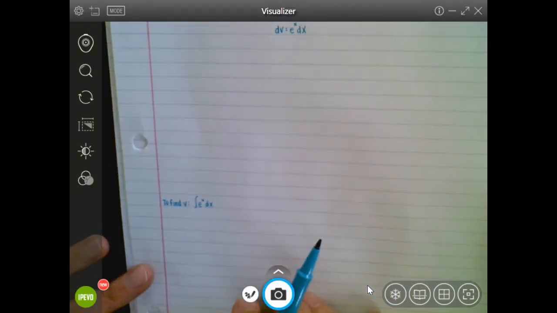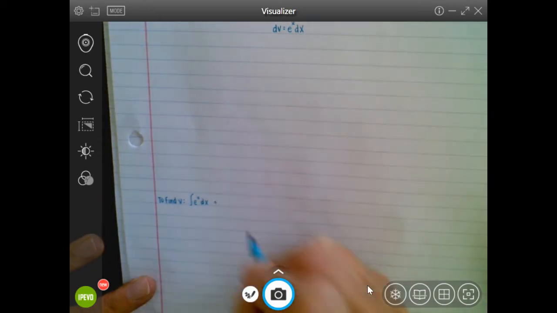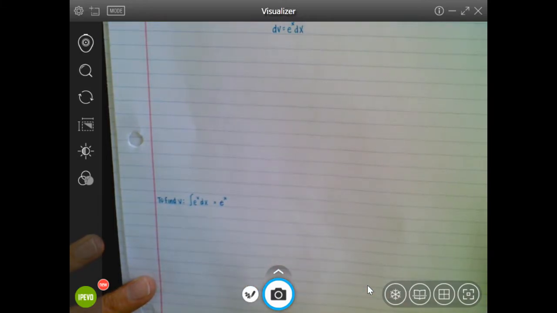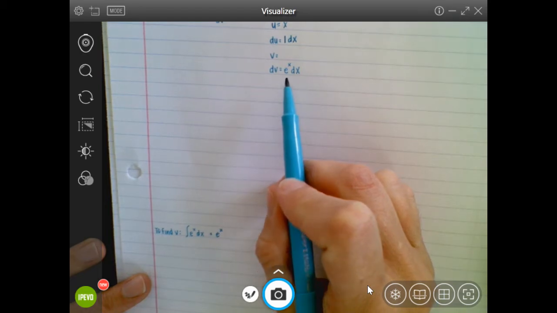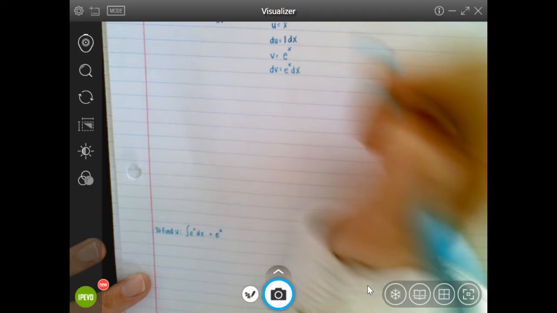The integral of e to the x is actually just e to the x. So if my derivative function was e to the x dx, the original function I was starting with was just e to the x.